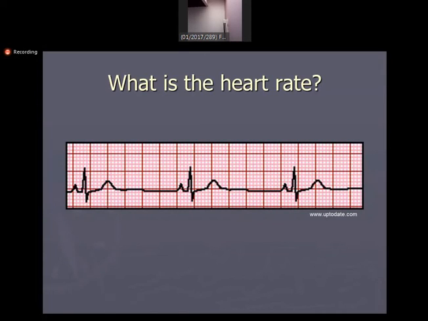If 5 large squares come out from an ECG machine, it takes 1 second. And in 1 minute, how many large squares come out from a machine?